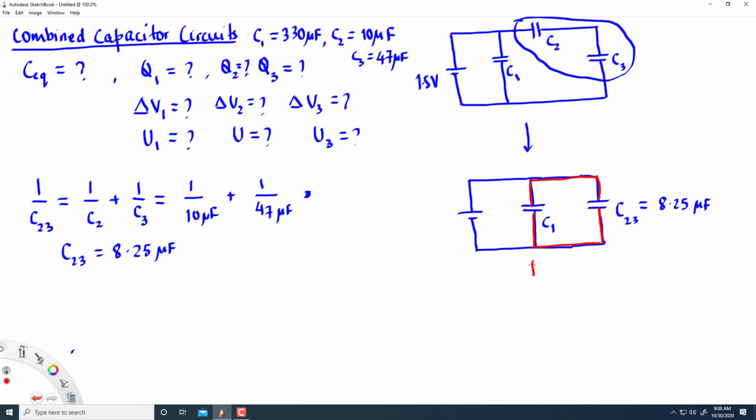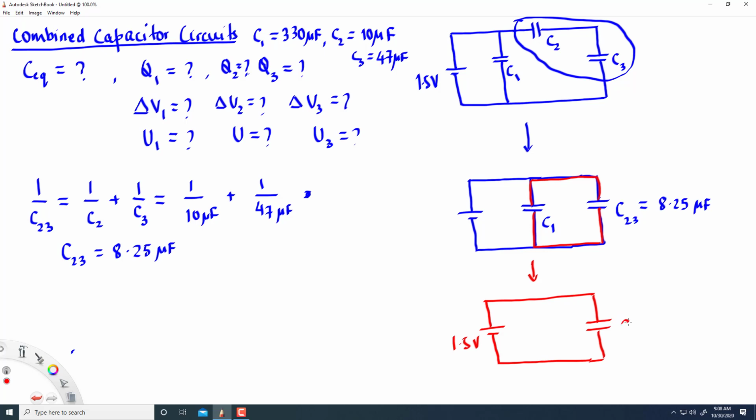So we can write the equivalent capacitance. So we can replace these two by a single capacitor, and you can place it anywhere in between, okay, anywhere here. So this is still 1.5.